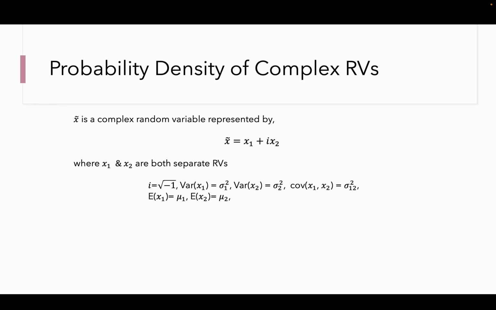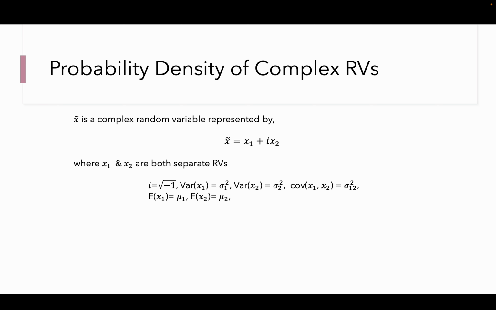Sigma 1 square is the variance of x1, and sigma 2 square is the variance of x2, and the covariance is represented by sigma 1 2 square, which is the covariance of x1 and x2. And x1 and x2 have respective means or expectations mu1 and mu2. These are actually predefined values of some measures.